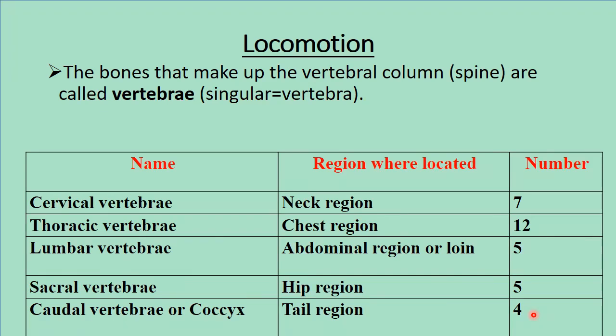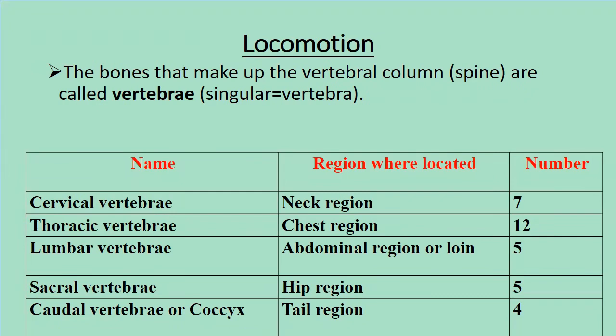So these are the different types of vertebrae, where they are found, and the number of bones that make them up. Next, we're going to take a look at the general structure of a vertebra, and also at how each of these looks, because in an exam they will bring a drawing of one of these vertebra.